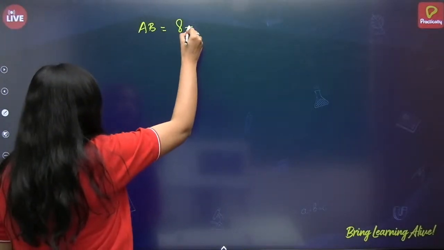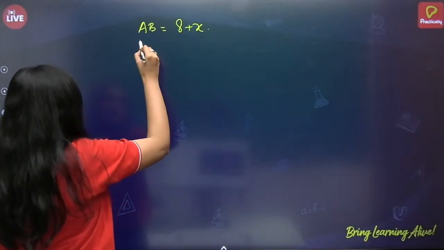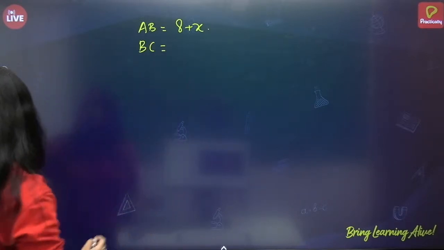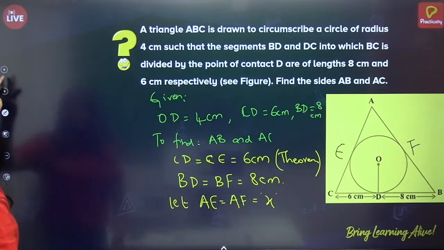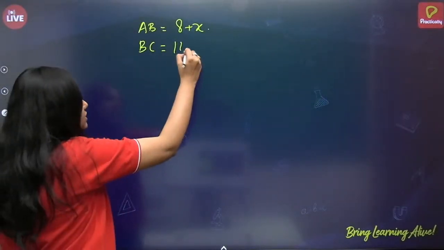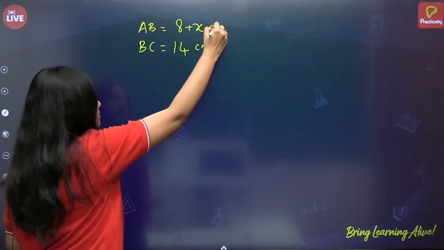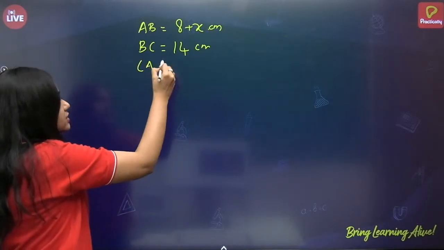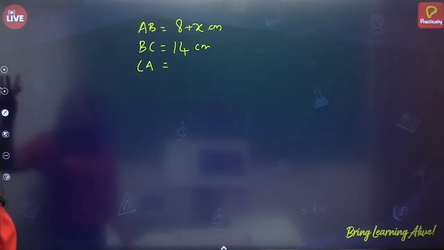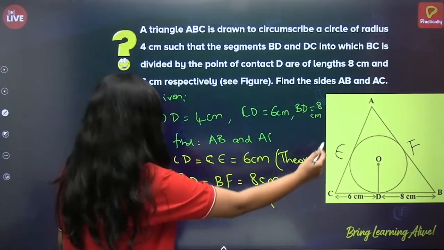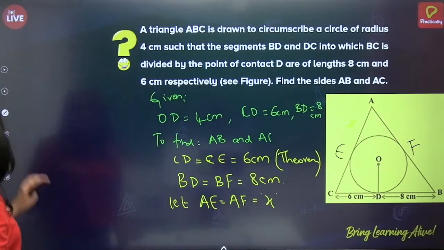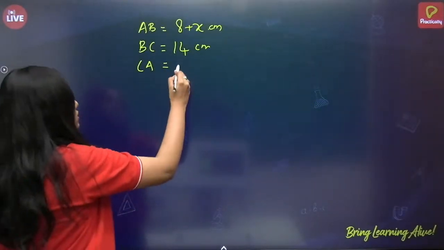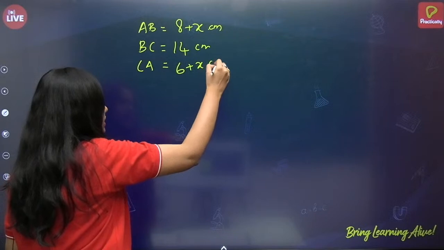So 8 plus x. Next, BC is equal to, what is the length of BC? 6 plus 8, 14. So let us write 14 centimeters. These are all in centimeters, okay? Next, what is the length of CA? Let us see. CE is equal to 6, then this is x. Correct? So x plus 6 or 6 plus x centimeters.